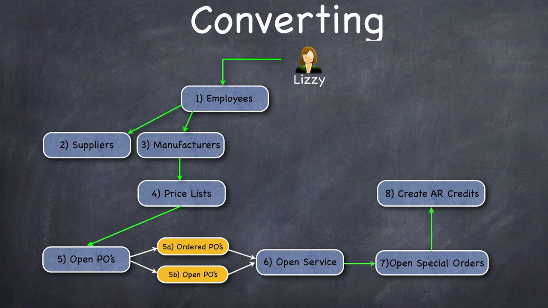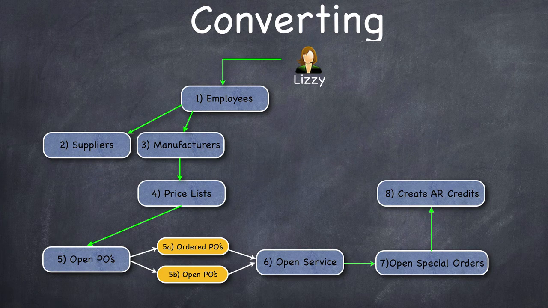Once you have your open special orders created, you're then going to manually create accounts receivable credits for anybody that has paid for those special order parts. The reason that's a two-step process is because the money was actually taken in your old system, so we cannot go into Lizzy and have it create the deposit on the invoice, because at that point everything will be tied.